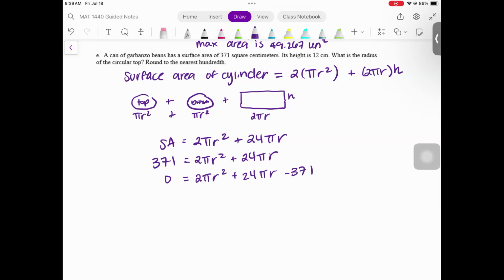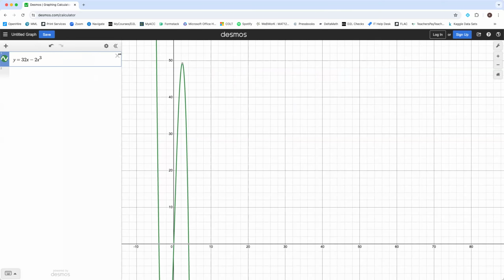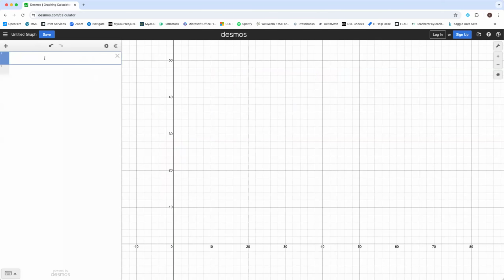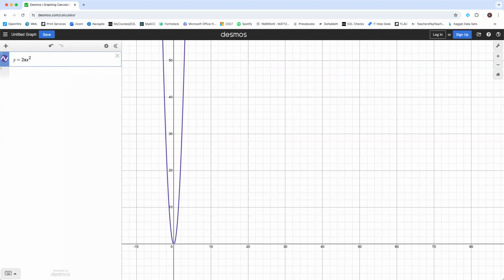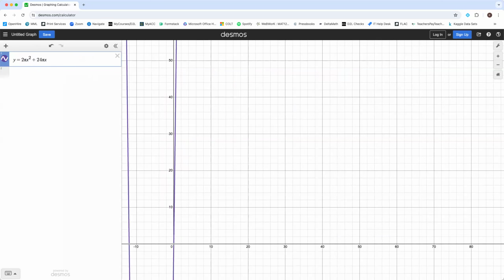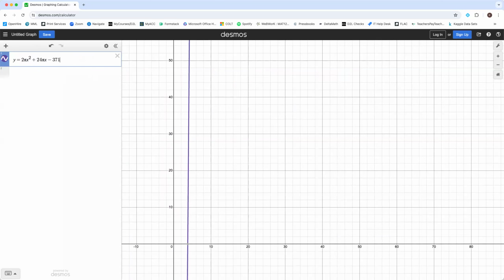We're going to go to Desmos to see that. All right, so our equation y equals 2 pi, we're going to call it x squared, plus 24 pi times x minus 371.